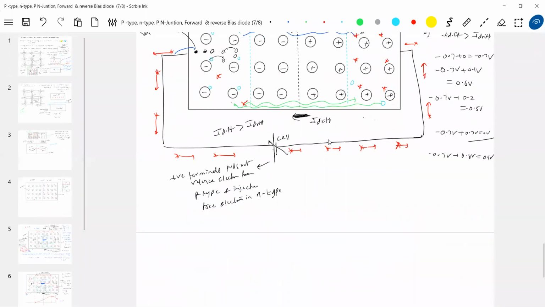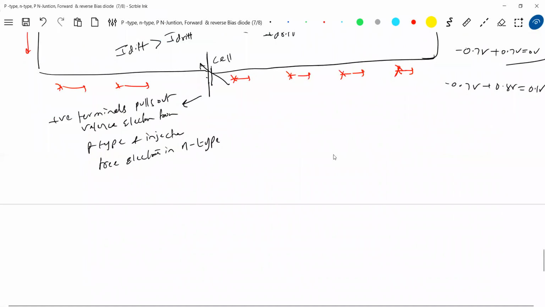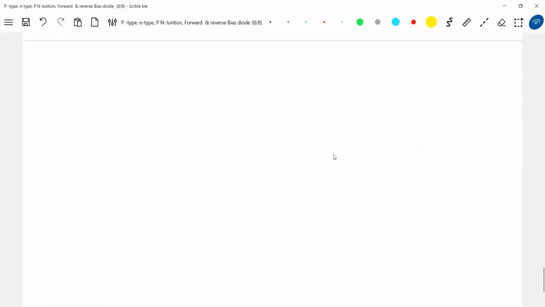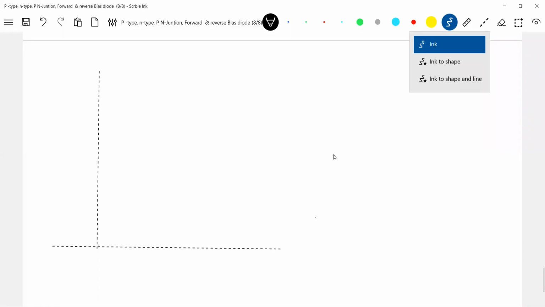So in the forward bias, the opposition to the flow of majority carriers decreases. If I plot the graph, the curve will take shape like this.